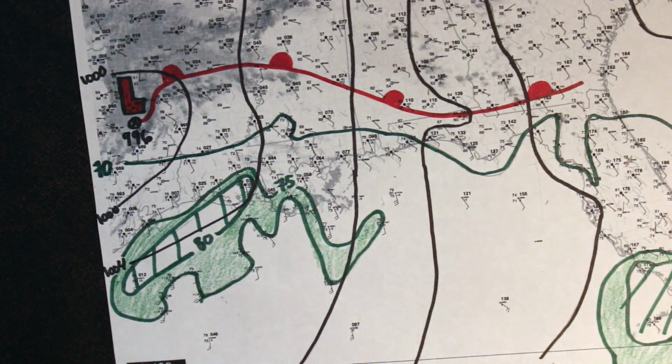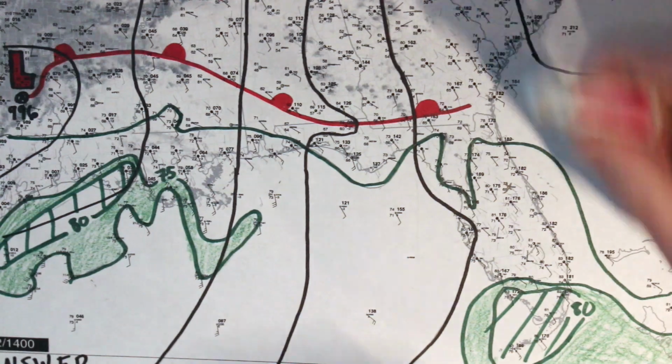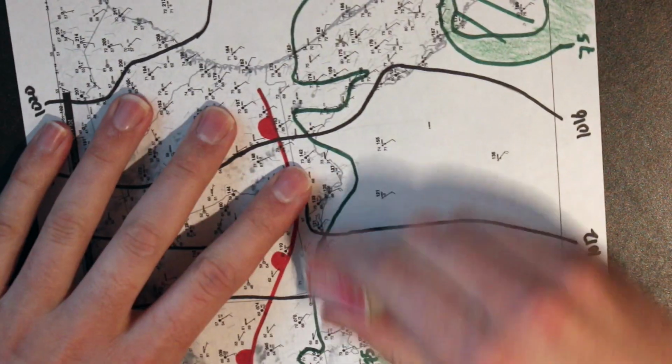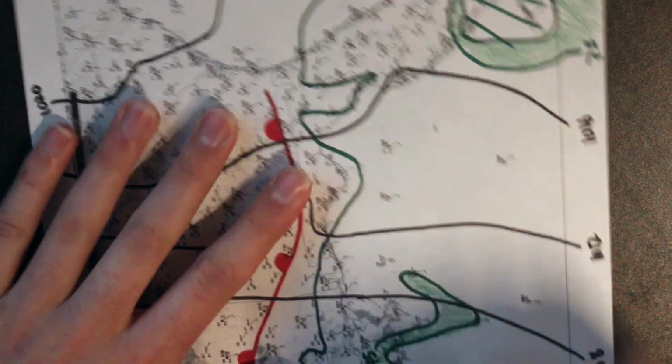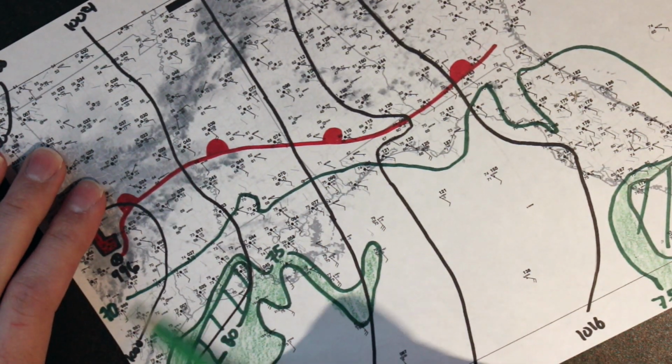That's my 70. I'm going to erase my pencil mark. Okay, now you're going to pick a different shade of green, and you're going to shade all of this area.